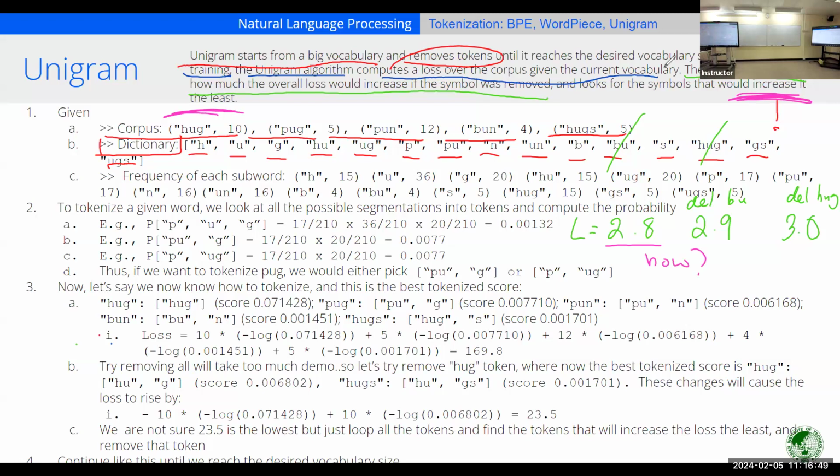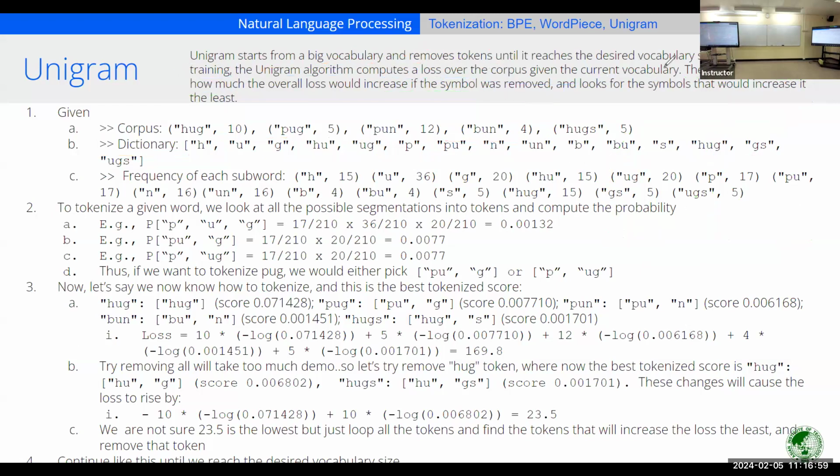Okay, great. So you guys are okay? Now we have the frequency of each subword, right? This is given. H is 15, U is 36, G is 20, HU is 15, UG is 20.